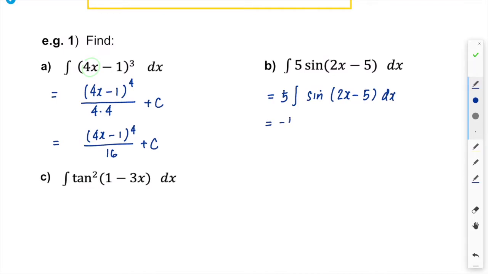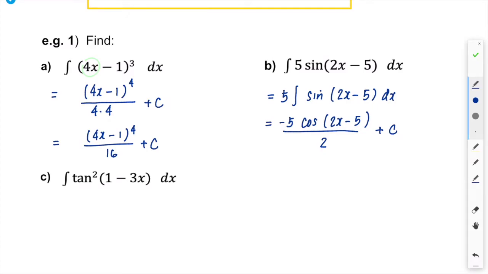So I get negative 5 cosine of (2x minus 5). Because of the 2x minus 5, I know that I need to divide this by 2 plus c. You could write this as negative 5 over 2 times cos(2x minus 5) plus c as well.